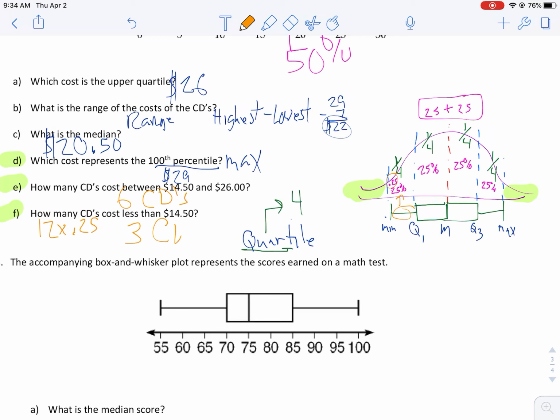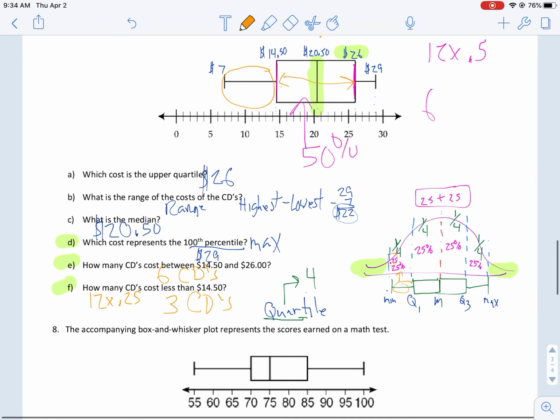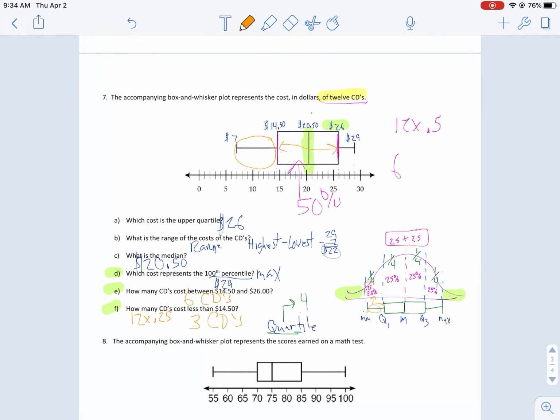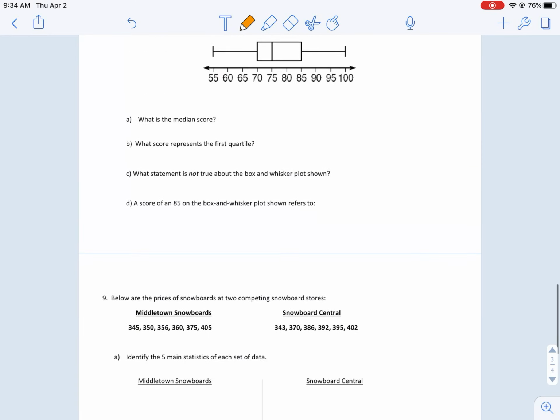That's going to give me 3 CDs. Okay? That's how it is split up. Once again, that is the conundrum with some of this stuff. Every year we have students taking the summative and they don't do super well on these types of questions. But that's really how you do it.